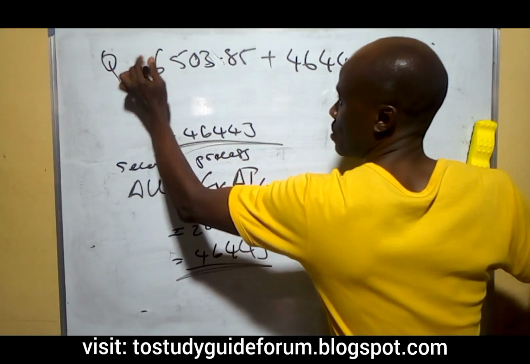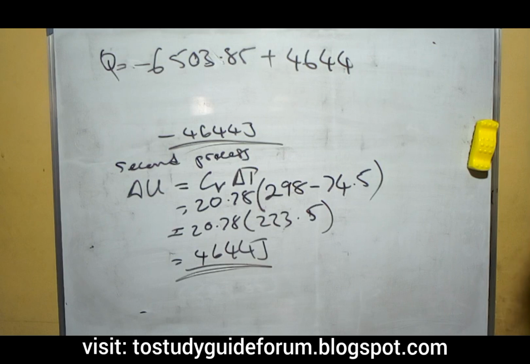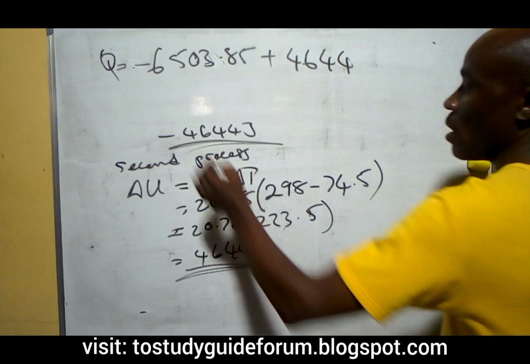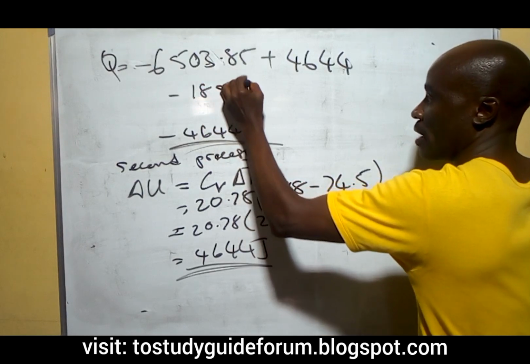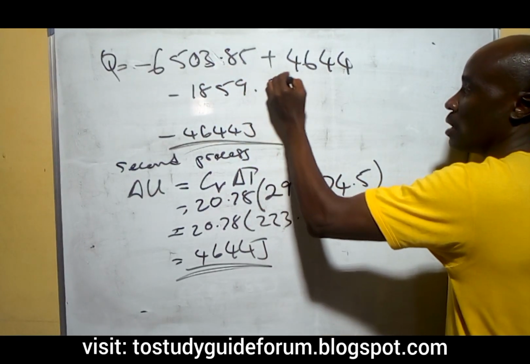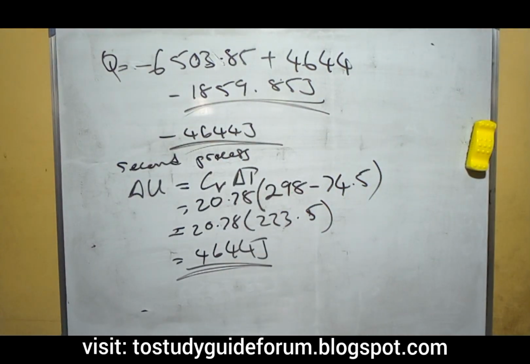This one is negative. So by adding them together, we have minus 1859.85 joule. That's the total quantity of energy in the system.